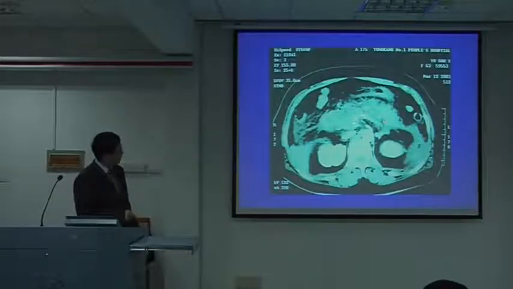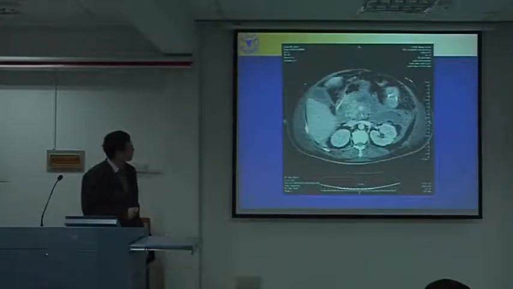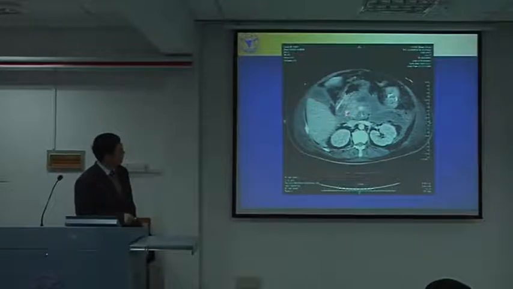So it is very edematous in the pancreas, and the omentum and the lipid surrounding the kidney. So there is also edema of the gallbladder. This is a severe pancreatitis.